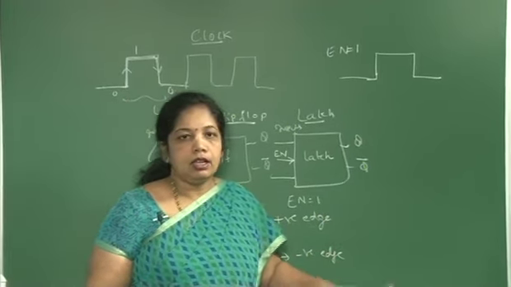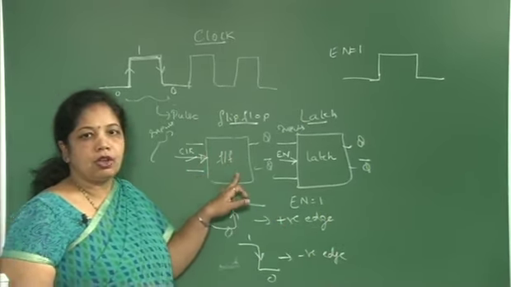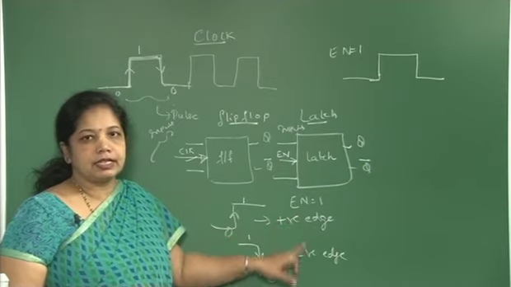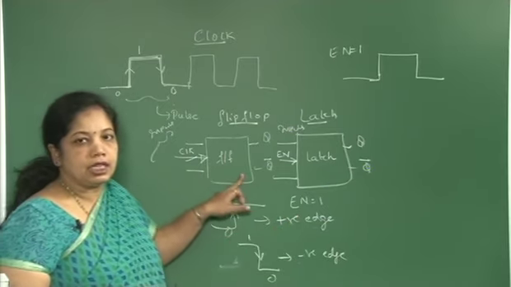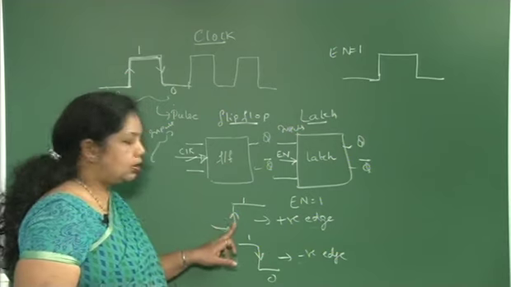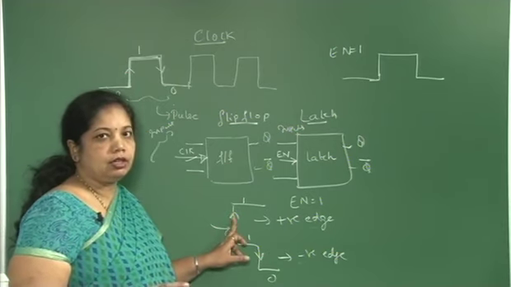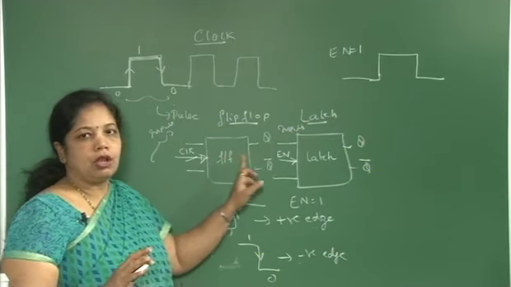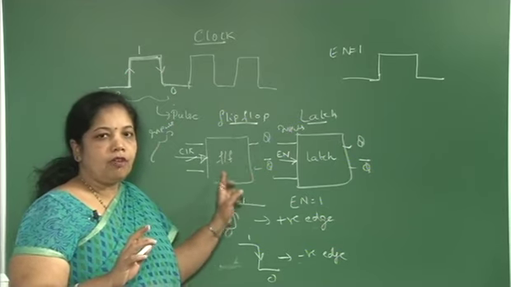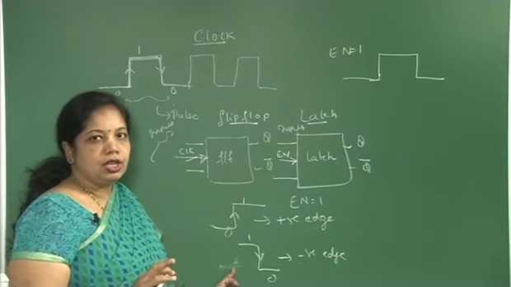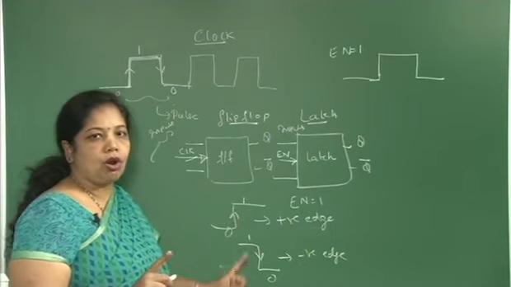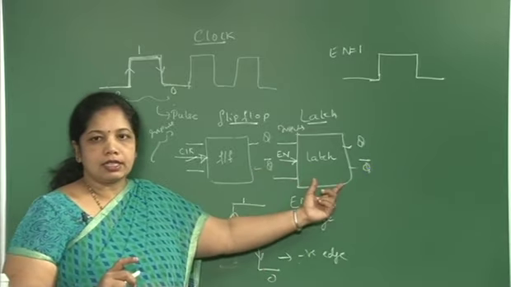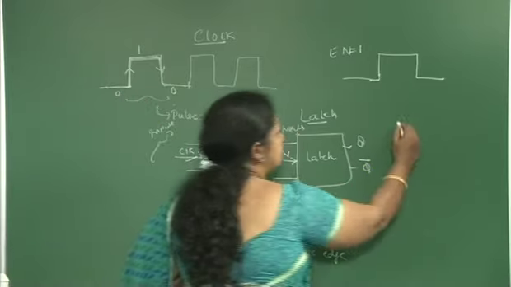I mean to say that whether I talk about positive edge triggering or negative edge triggering, this flip-flop is sensitive to this edge. Whenever the clock goes from 0 to 1, only then will this flip-flop sample the inputs to the output side. The flip-flop will respond to the particular edge. This edge can be either positive or negative, and that is nothing but edge sensitive. When I talk about latches, they are considered level sensitive.